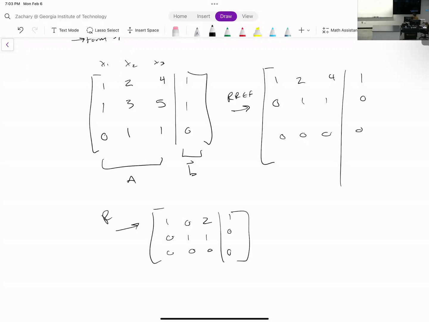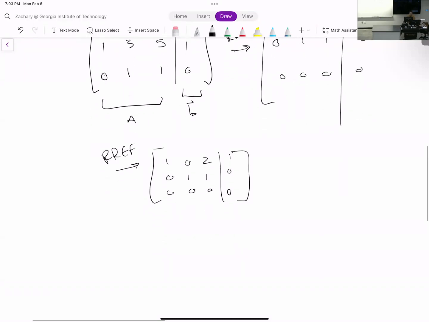Well, this is just row echelon form first. Okay, so here we have reduced row echelon form. Is this in reduced row echelon form? That's another thing that you will probably see on the exam.